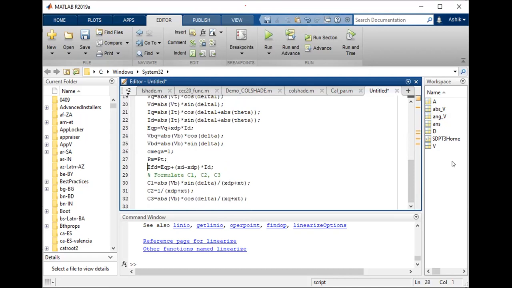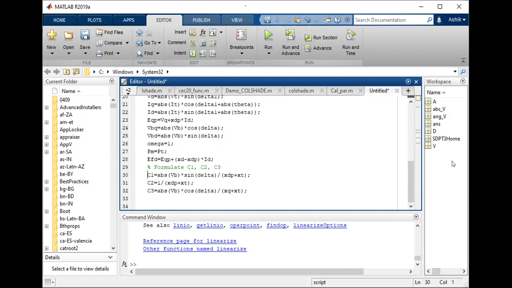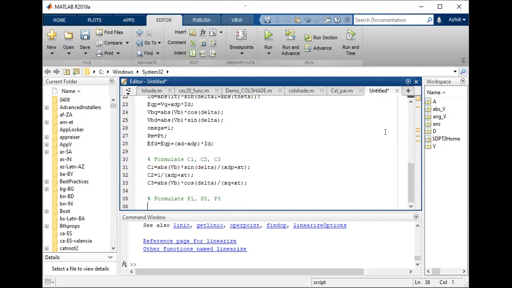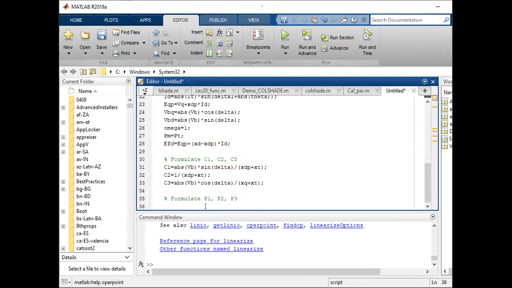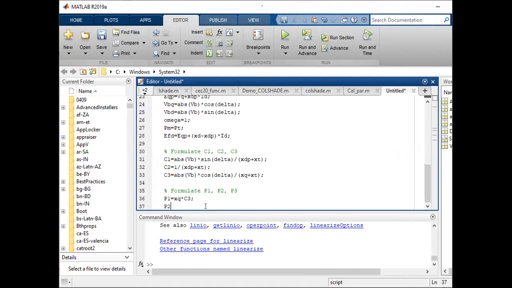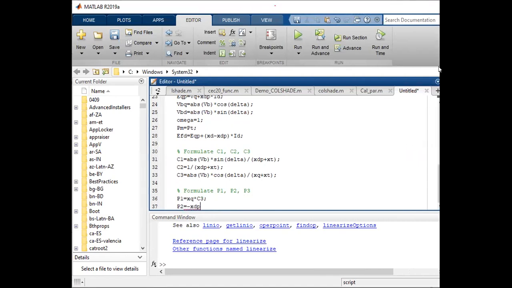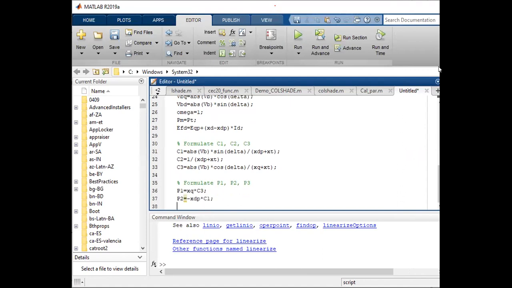Next, we formulate P1. Based on these C1, C2, and C3, we can now formulate some other constant coefficients that are required for ultimately calculating the K constants. These are P1, P2, and P3. From the derivation, we can take note of the expressions. P1 is XqC3. P2 was found as minus X'd into C1.